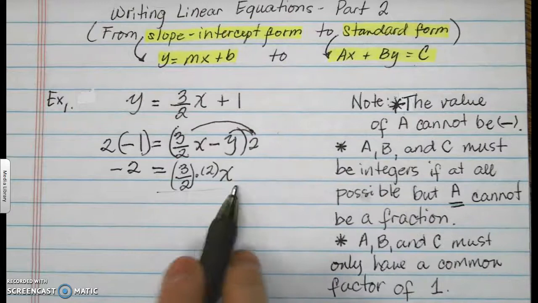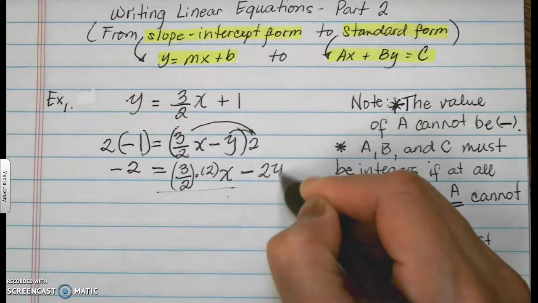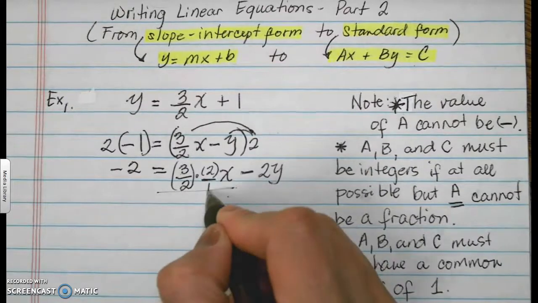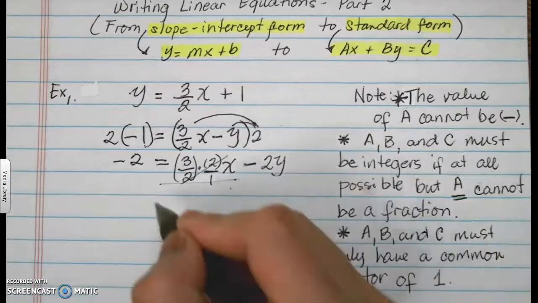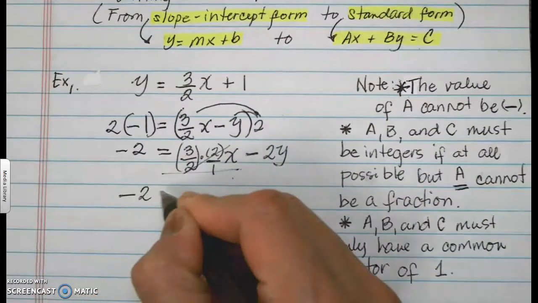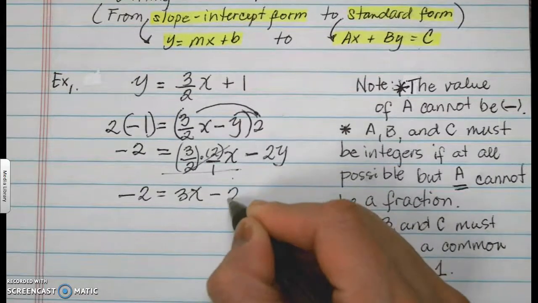So that's just your one term. And then minus 2y, distributed. You'll know that the 2 on top and 2 below will cancel out. So now this becomes negative 2 equals 3x minus 2y.